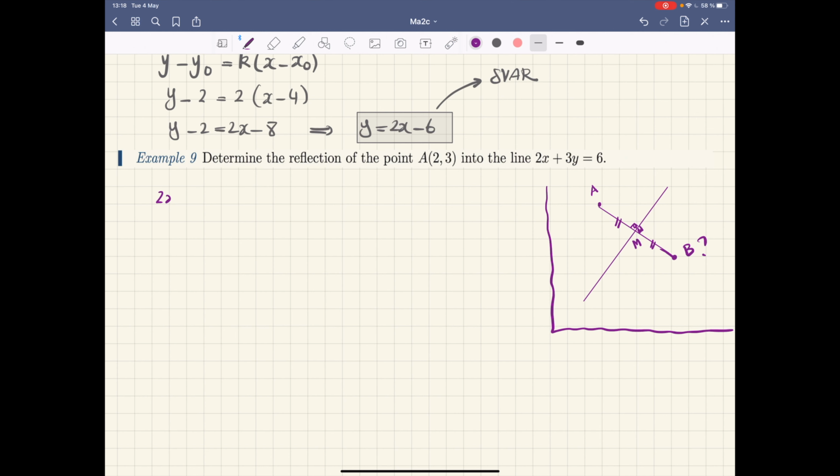I would say 2x plus 3y is equal to 6. I want to make y alone. So this becomes 3y equals minus 2x plus 6. I divide by 3. So it becomes y equals minus 2/3 of x plus 2. If I ask you what is the k value of this line, it becomes what? Minus 2/3.